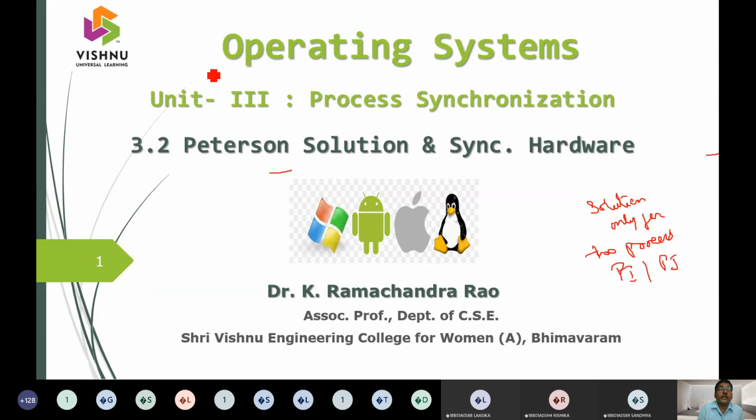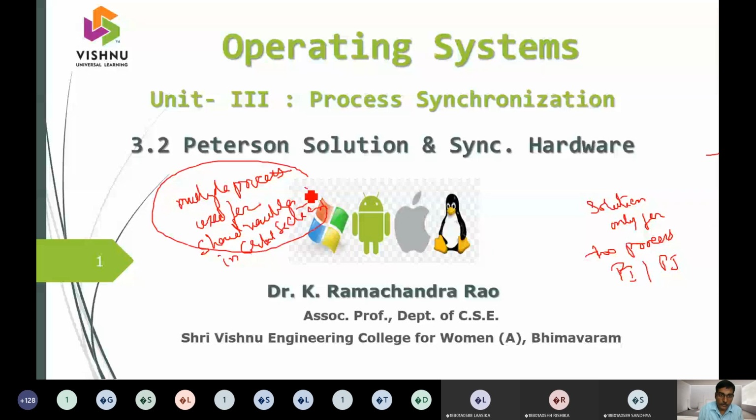If there are multiple processes used for shared variables in the critical section, then we are going to prefer the Peterson solution, as simple as that.